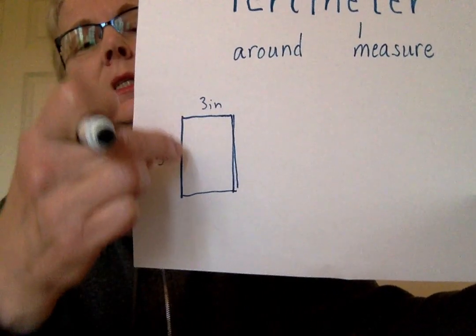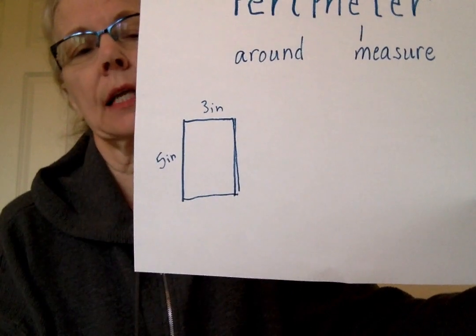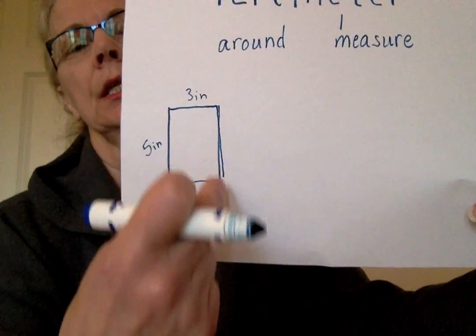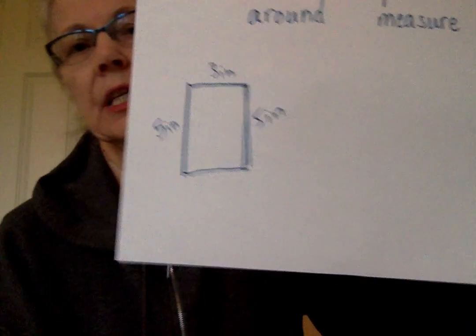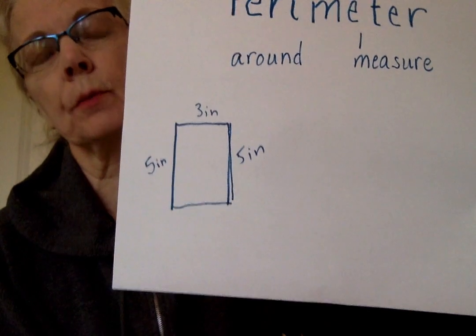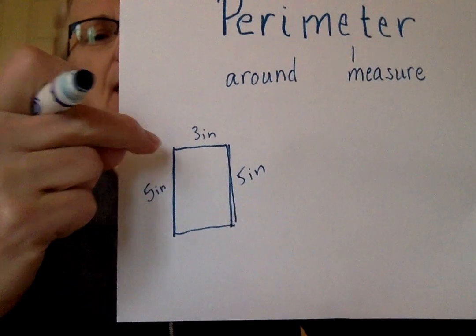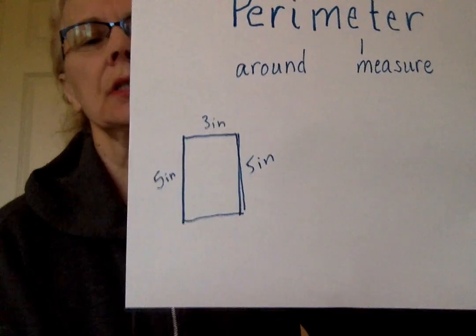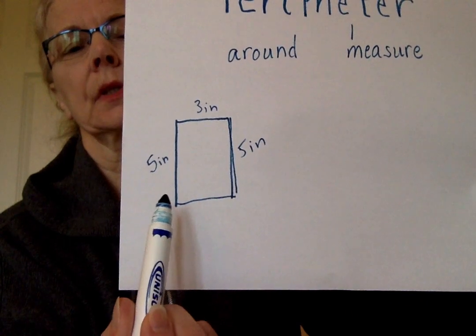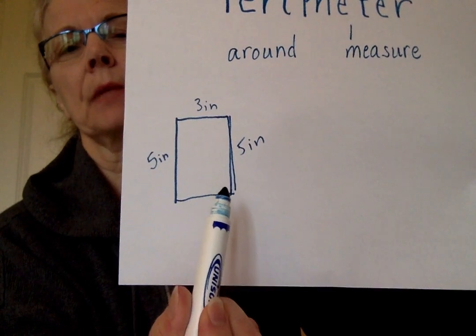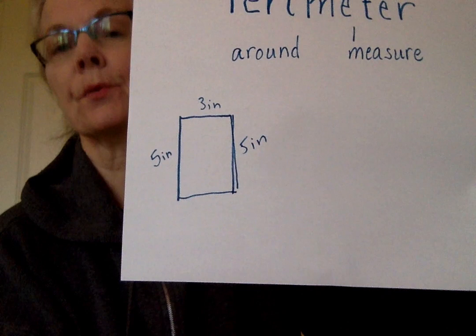Well, if this is 5 inches on my rectangle, then I know that this is 5 inches. So now I know 3 of the measurements going around my picture. Now if this is 3 inches, how many inches do you think that might be? 3 inches.